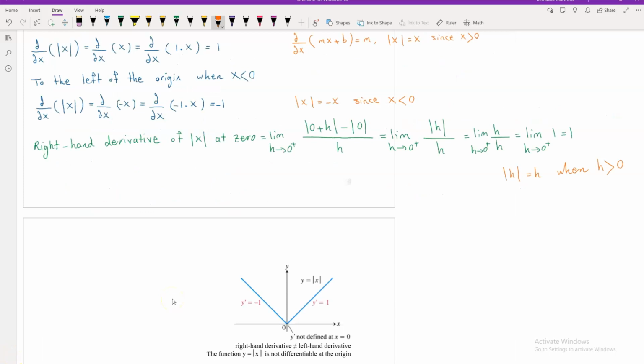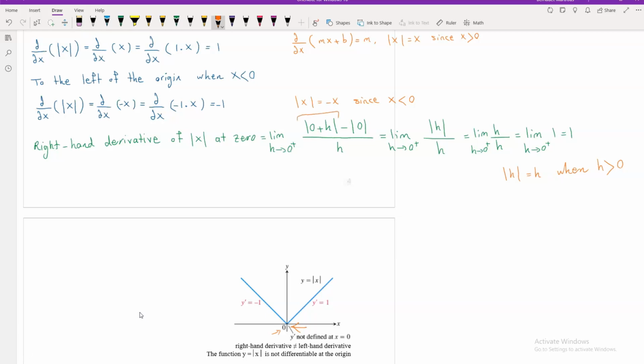So what we have here, based on graph of our function absolute value of x, right hand derivative of absolute value of x at 0 is equal to limit as h approaches 0 from right of absolute value of, instead of x we have 0, so it's 0 plus h.